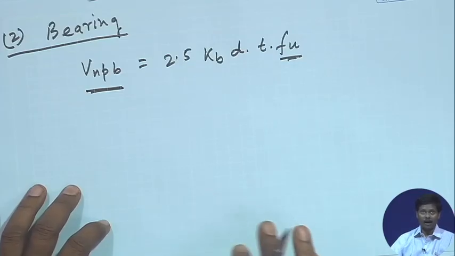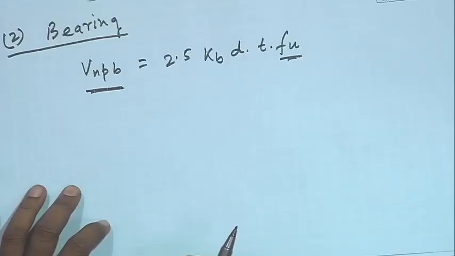Remember, earlier we calculated the ultimate tensile stress of bolt in the earlier formula, but here it is the ultimate tensile strength of plate, because it is bearing on plate, and D is the nominal diameter of bolt.